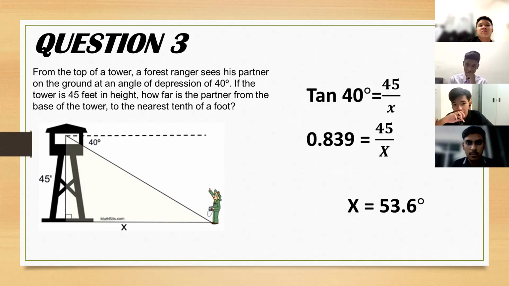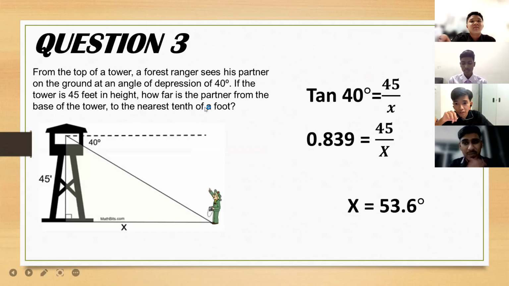Based on the question, we can solve it using the tangent formula. So tangent 40 degrees equals 45 over x.